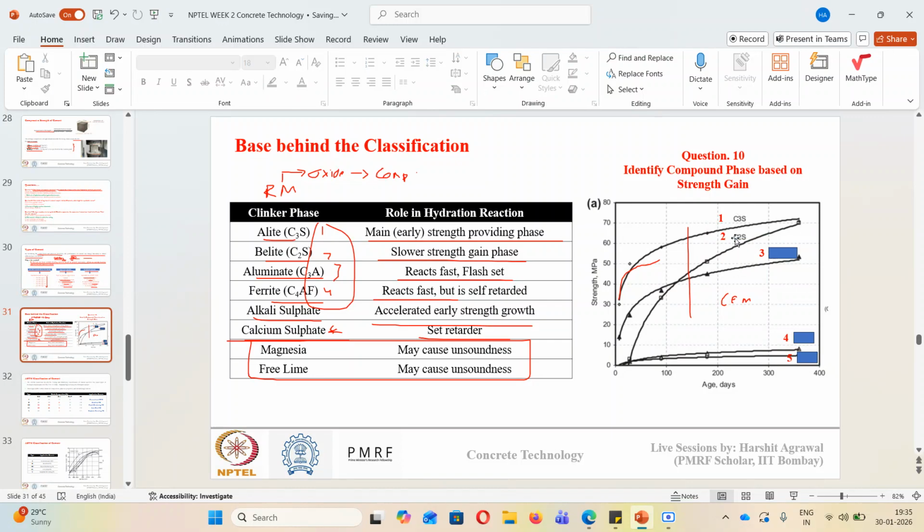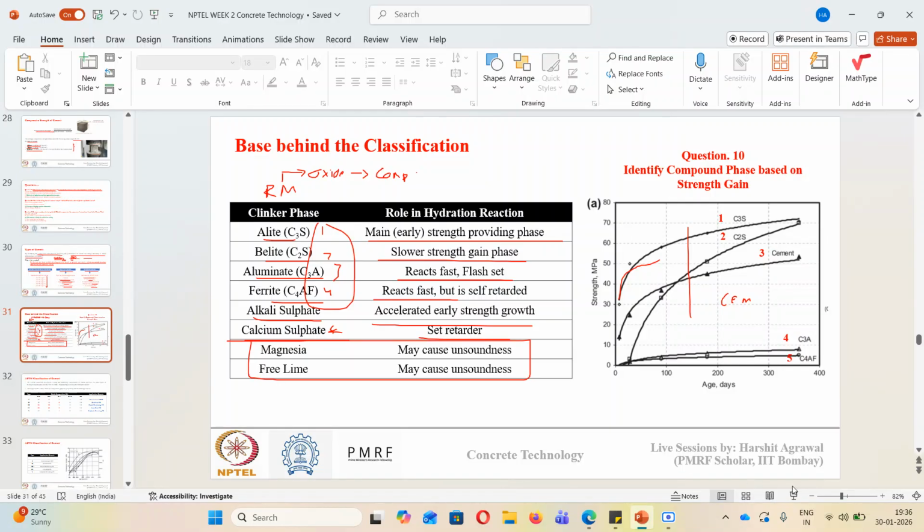So that is C2S. Then curve 4 is something which doesn't gain any strength over time, with very little contribution to strength. So that is C3A, and then C4AF, which has the minimum contribution to strength. So these two have very low contribution to strength, and that's why their curves are not increasing. And this curve 3 is the cement, the net cement, which lies between the four compounds.